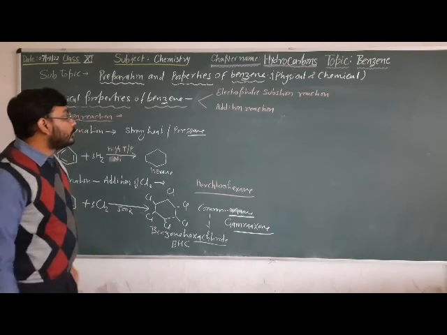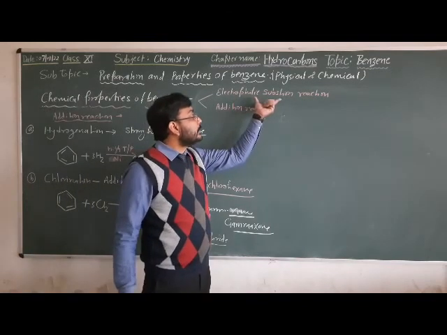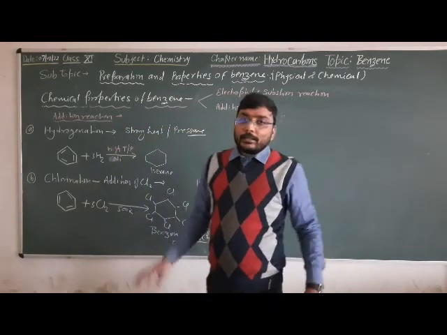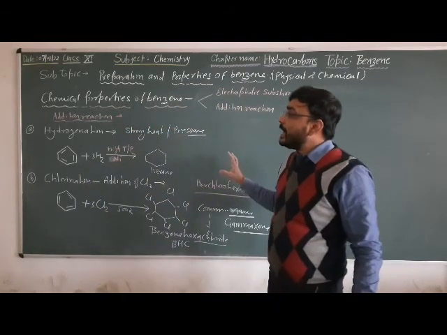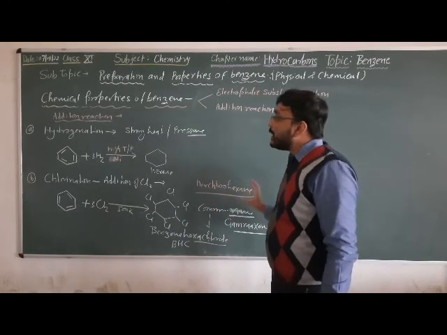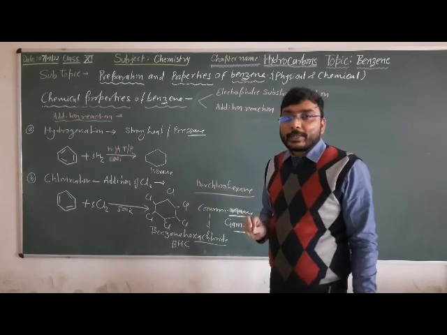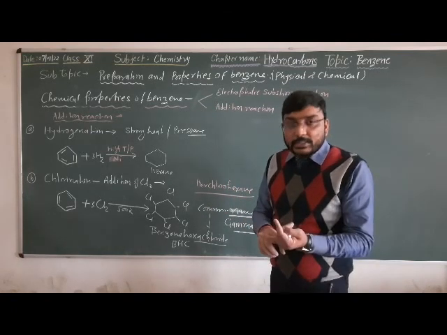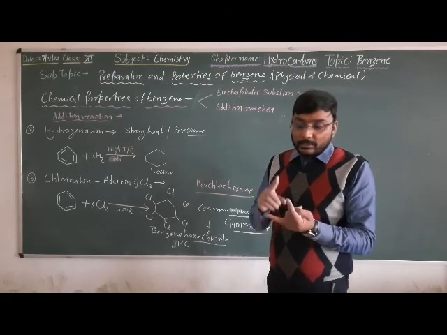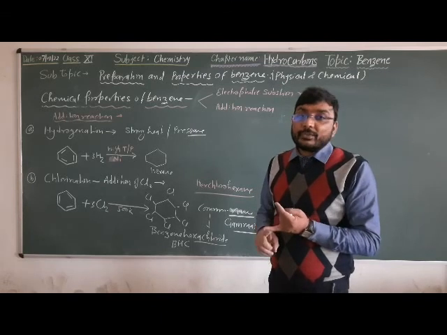So in the next class I will discuss the electrophilic substitution reaction mechanism. Today we have learned about the preparation and properties of benzene. Preparation, 3 methods: by ethylene, or from carboxylic acid, or from phenol.